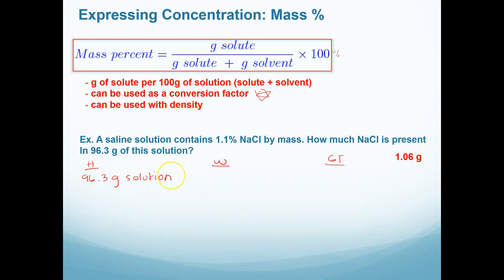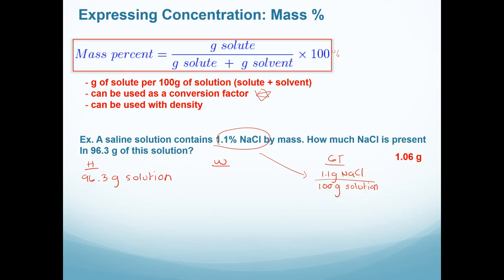Because we're working with different values, solvent, solute, and solution, we want to label everything. Anytime we have a mass percent, it's always going to be used as a conversion factor. So I can rewrite this and put it in my get there and say I have 1.1 grams of sodium chloride. Since it's a mass percent, it's always out of 100 grams of solution.